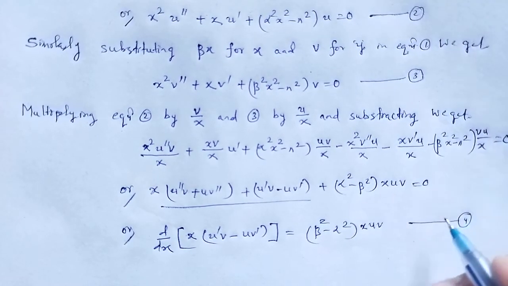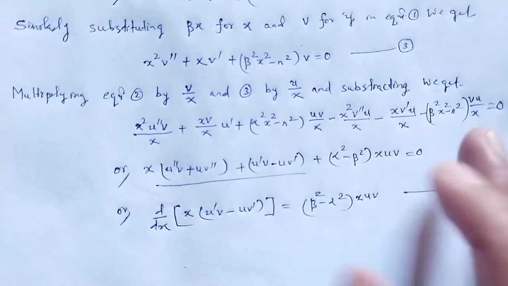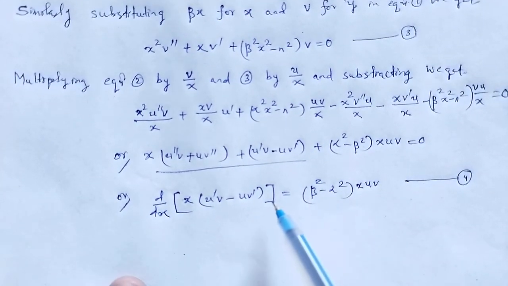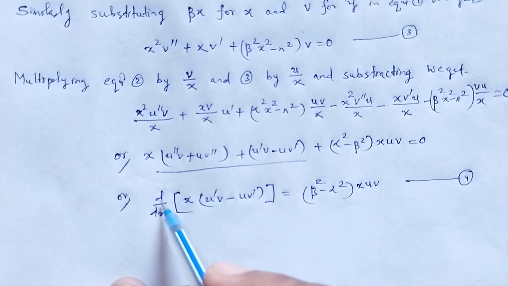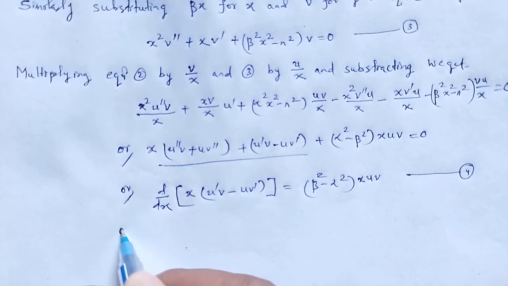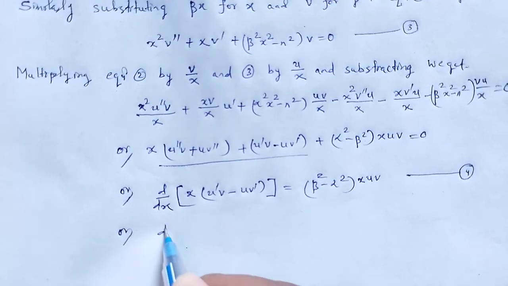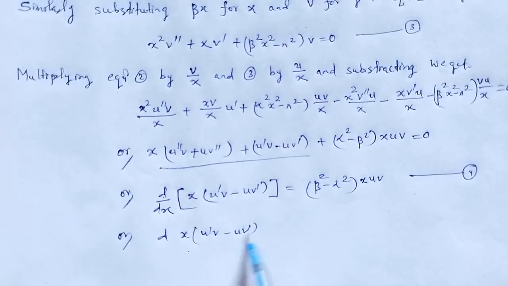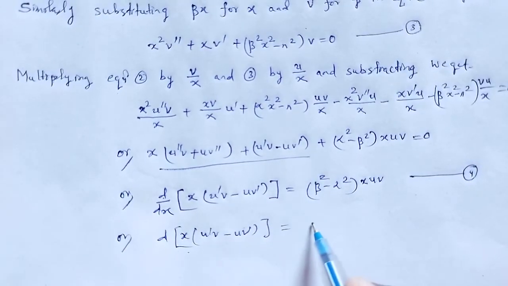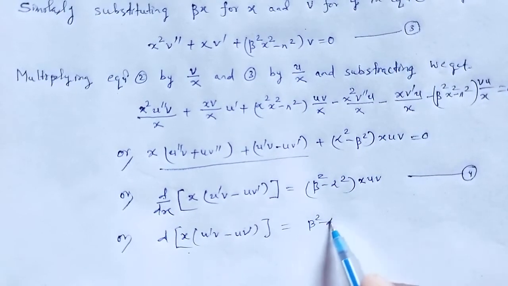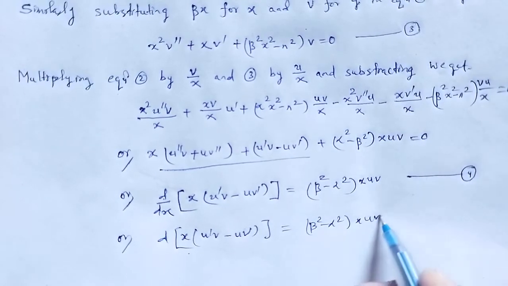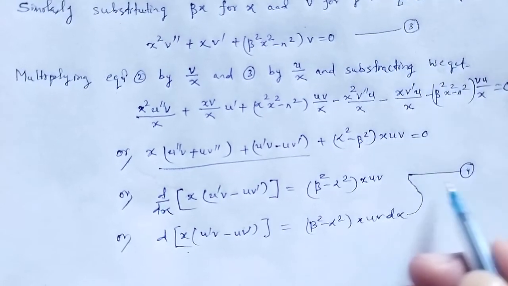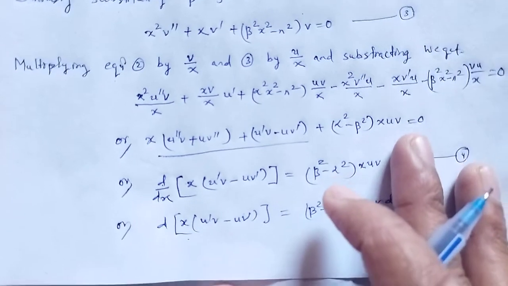That is equation number 4. Now integrating both sides, we write it like this: d of x (u dash v minus u v dash) is equal to (beta square minus alpha square) x u v dx. This will be equation number 4.